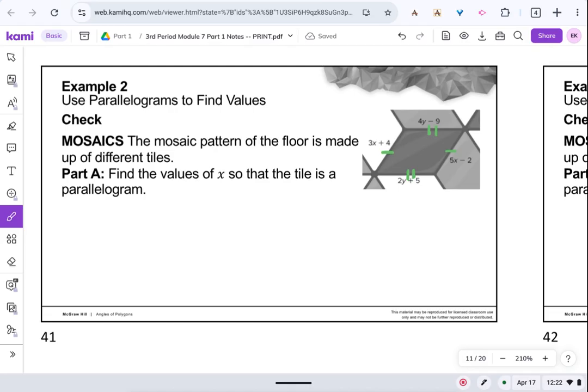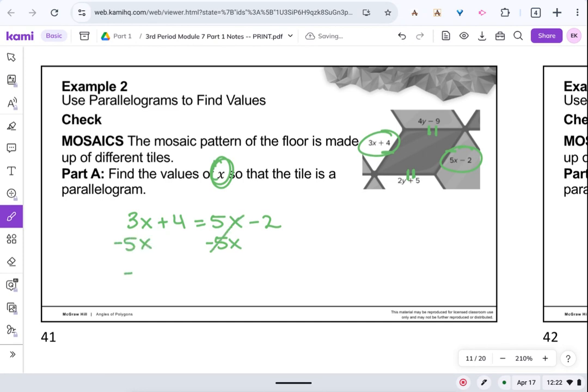So again, this part is just asking for x on this slide. It's going to ask for y on the other side. So on this slide, we're just looking at the x's, so the 3x and the 5x sides. Since they're congruent, we're going to set them equal to each other. You can solve it however you would like.